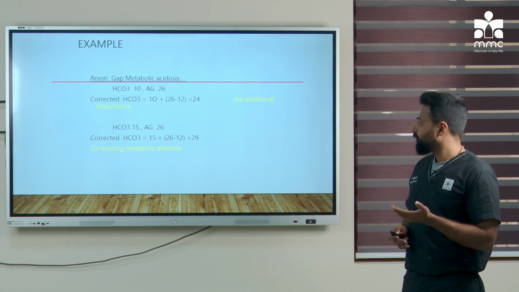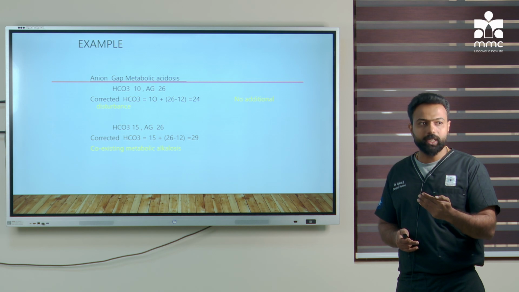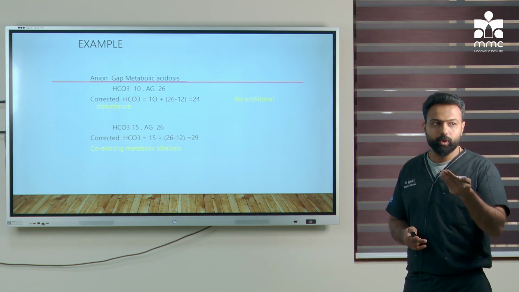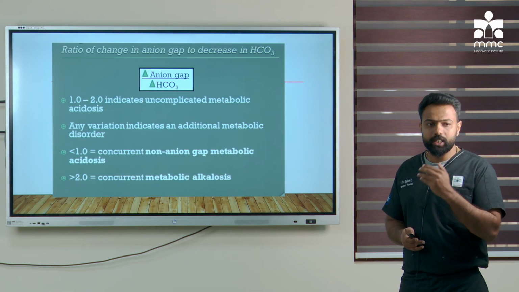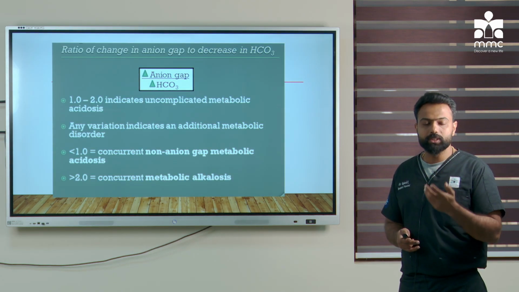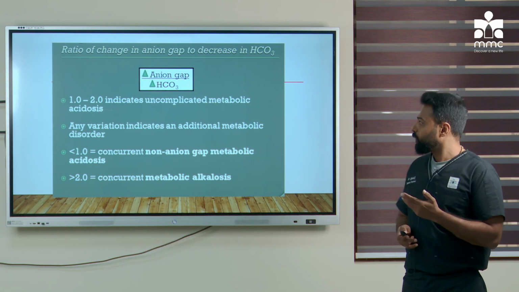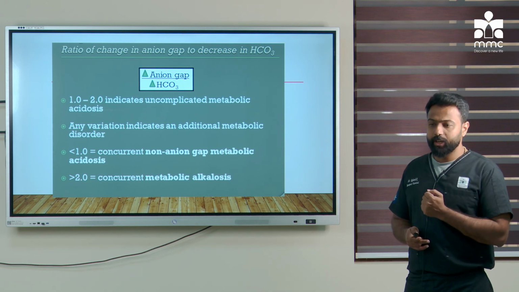That is why we calculate the corrected bicarbonate and check for any additional metabolic abnormalities. There is also an easy method to diagnose these additional metabolic abnormalities. We can calculate a delta anion gap also.